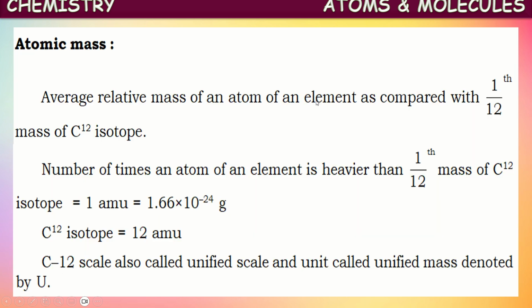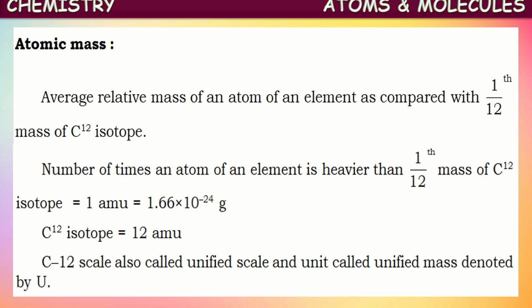Next, atomic mass. Atomic mass is generally compared with the 1/12th part of the C12 isotope. So how many times the mass of an atom of an element is more than the 1/12th mass of the C12 isotope, that is called the atomic mass of the element.